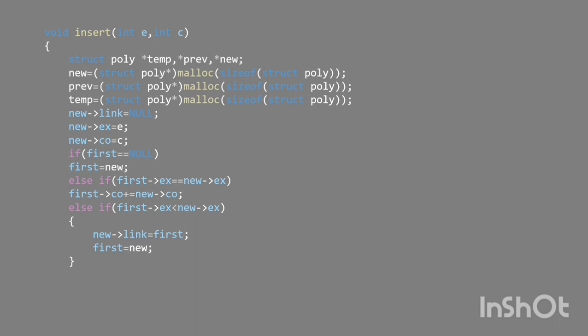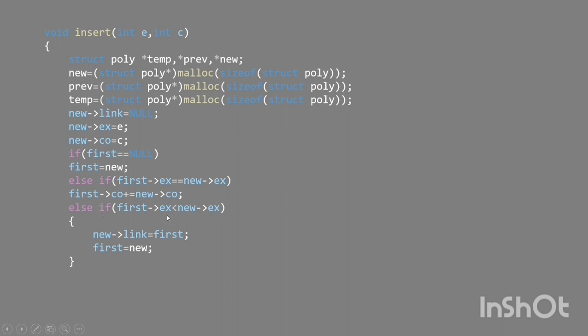If the polynomial is not created, using this if statement a new polynomial is created, that is, a new node is created. If the polynomial is already created, and the exponent of the first node and the exponent of the new node are equal, then the coefficients are added and the value is stored in the coefficient of the first node.